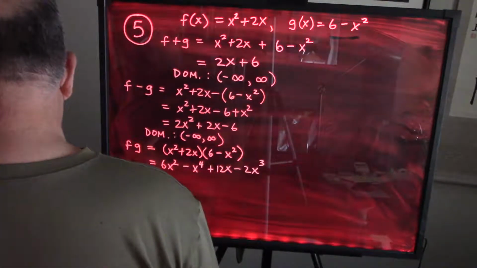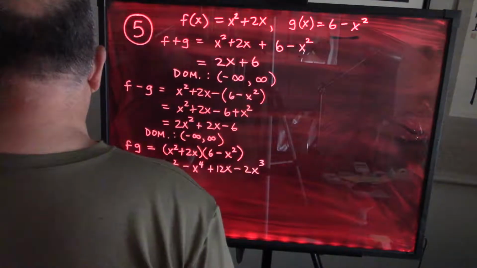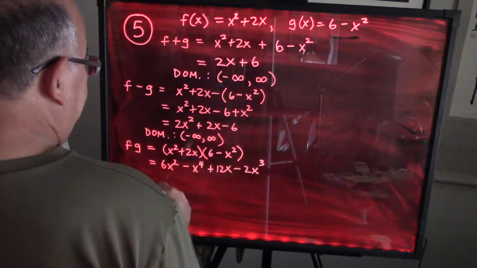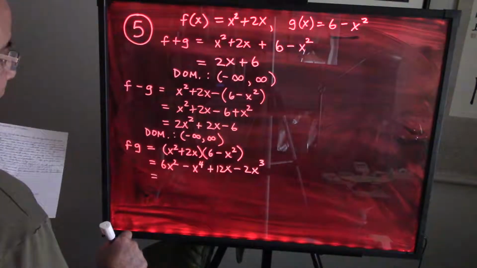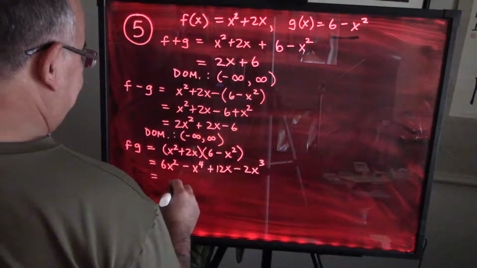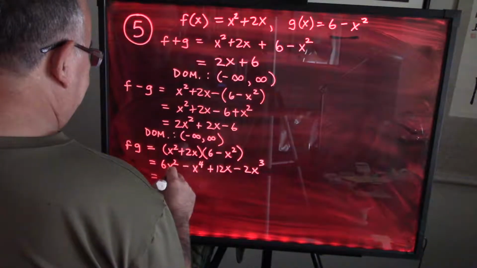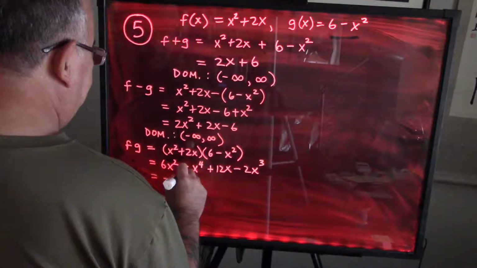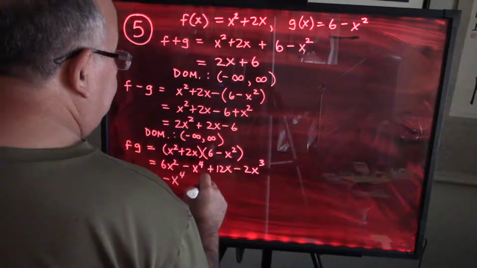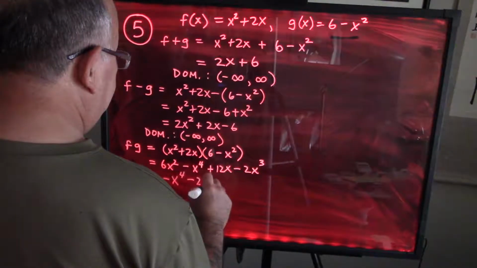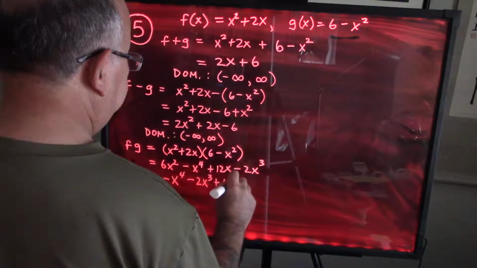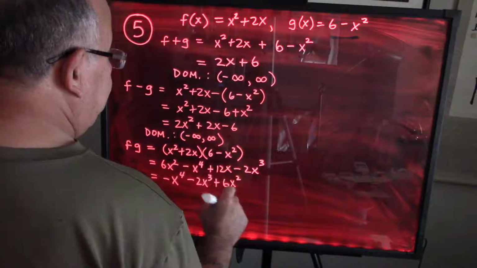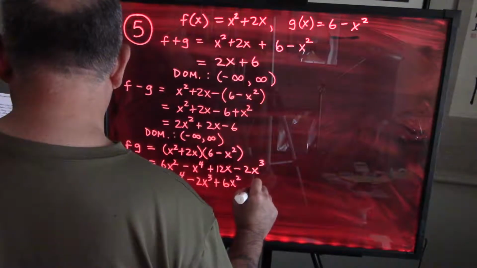Alright. So writing this in the usual order, in descending order of powers, that's the way we usually write this. It's negative x to the 4th minus 2x cubed plus 6x squared, and then plus 12x.